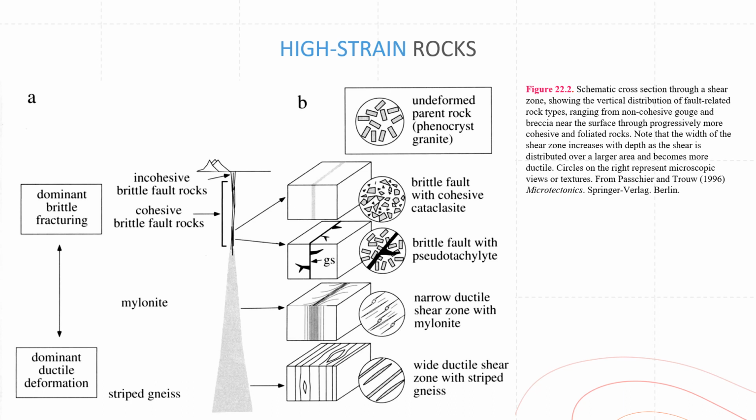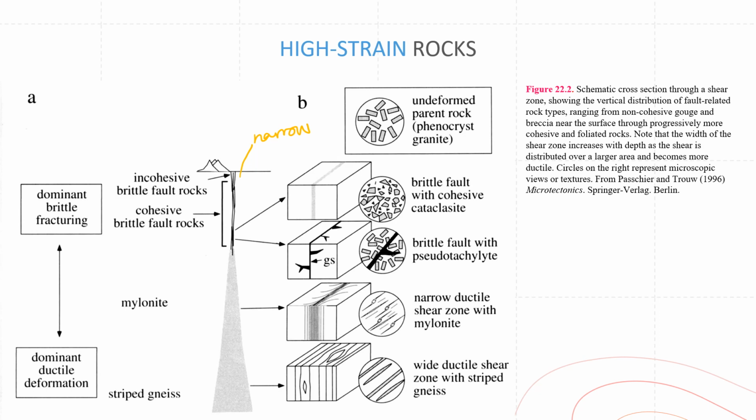Okay, so Table 1, we've had a look at how to name high-strain rocks based on the textures and the grain sizes that we could observe. Now let's have a look at how we could relate fault-related rock types with depth. So in more shallow areas, the fault zone is narrower. So we have a narrow fault zone, and this involves a lot more brittle behavior.